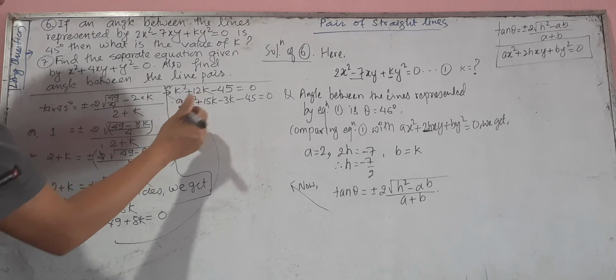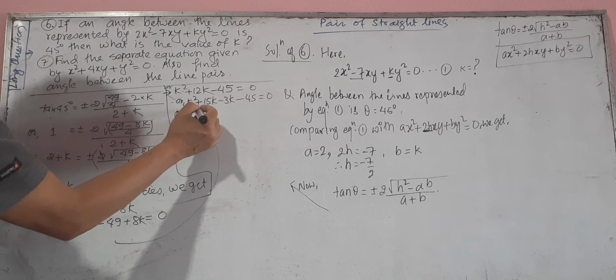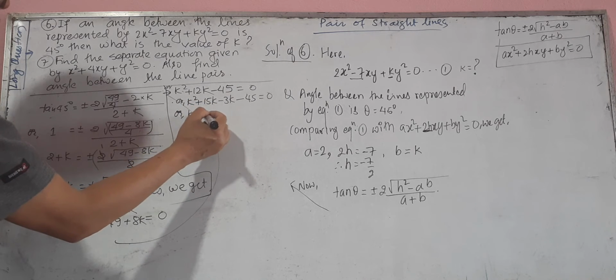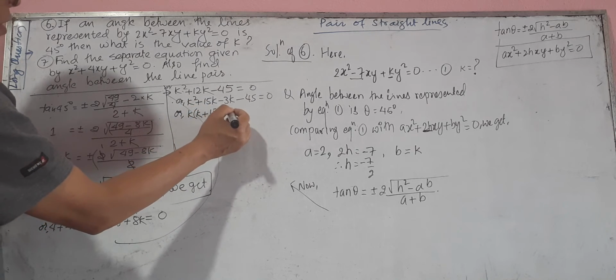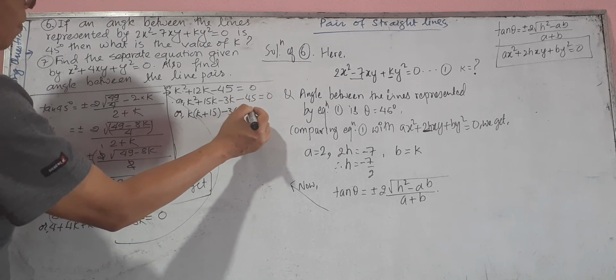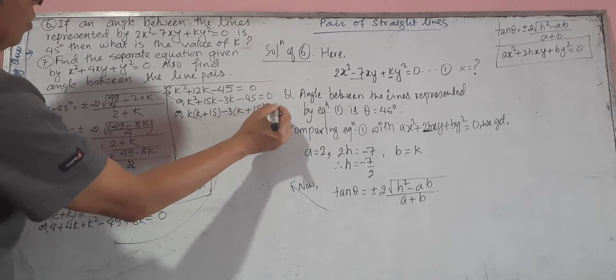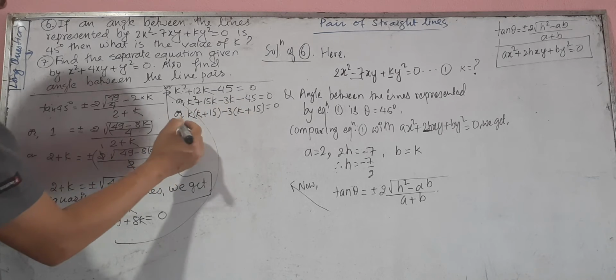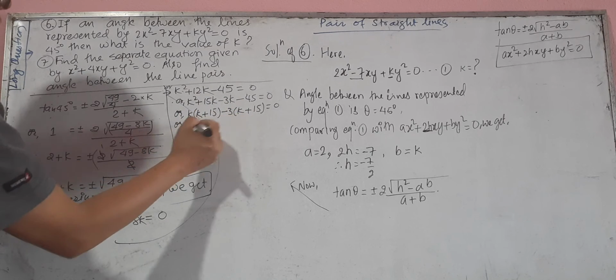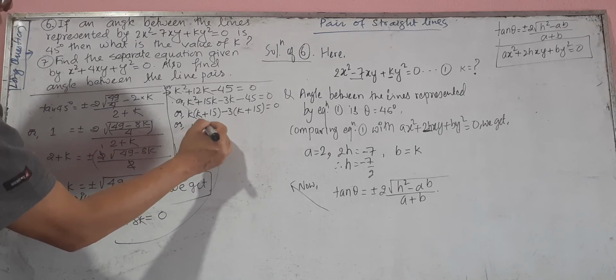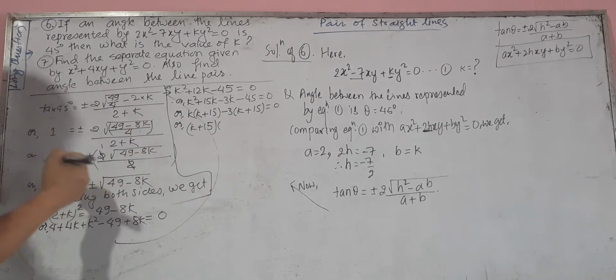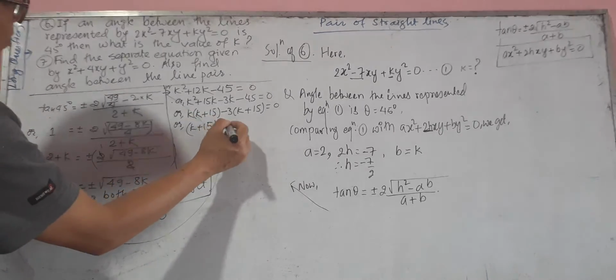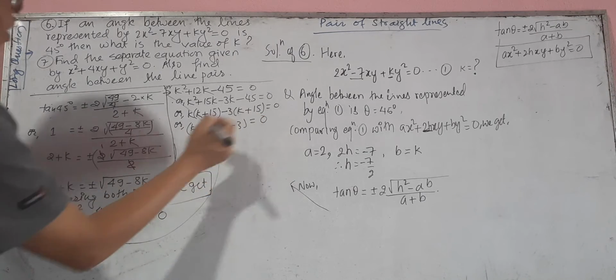Taking k common from the first two terms, k plus 15, and minus 3 common from the last two, k plus 15 equal to 0. From the two terms, k plus 15 is the common factor, and the remaining terms are k minus 3, equal to 0.